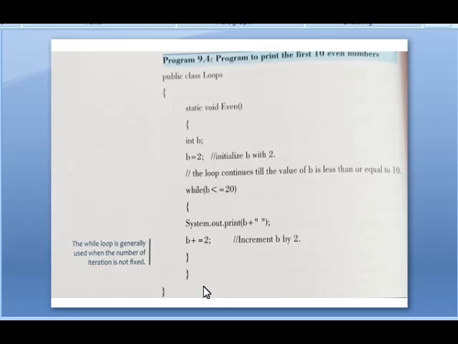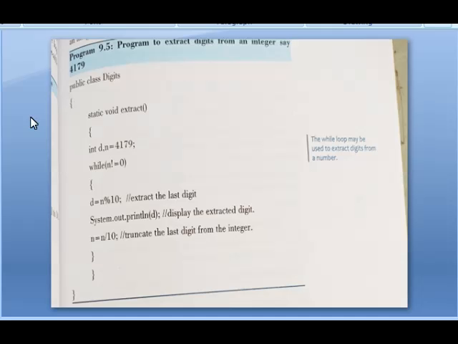The while loop is generally used when the number of iterations is not fixed. Next, using the while loop, a program to extract digits from an integer, say 4179. We are going to extract the digits one by one. int n equals this number, while n is not equal to 0.